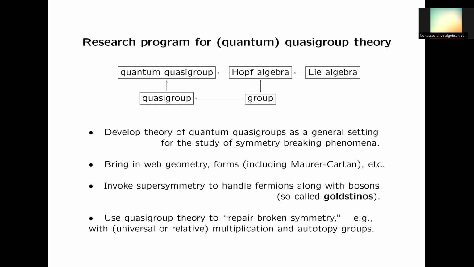So all these groups we have available to us will give us a global picture if we're only working and only seeing the local symmetry and the stuff that we have with the quasigroup structure.